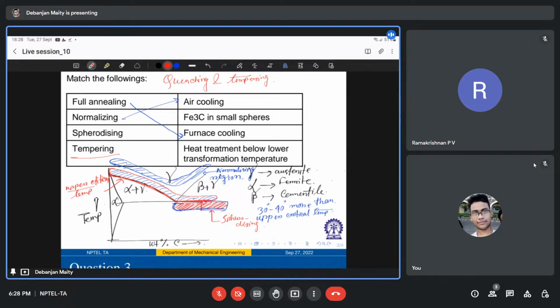In a conventional structural carbon steel, this tempering range can be 600 to 650 degrees C. So what happens is it reduces the hardness a little bit, lowers the tensile strength a little bit, and it improves the ductility and toughness.